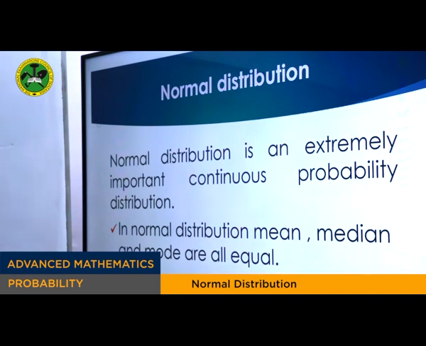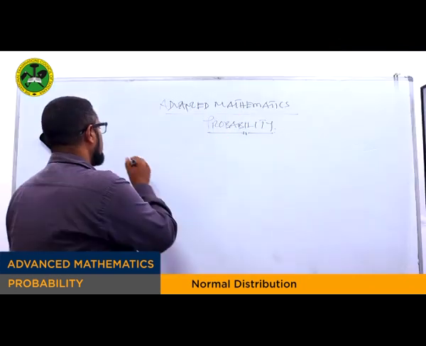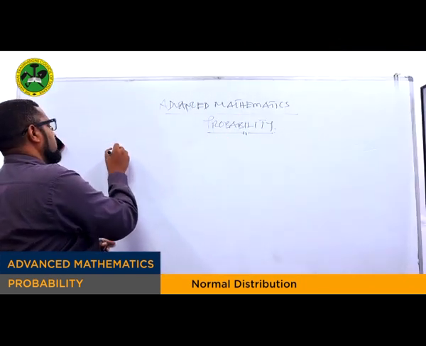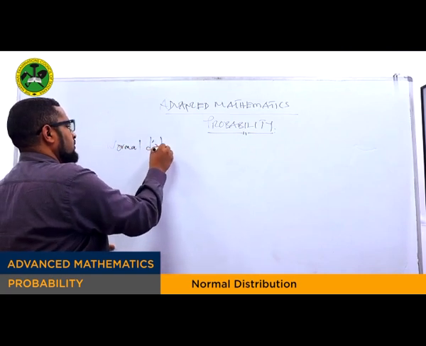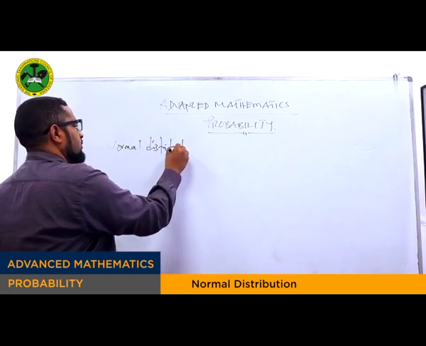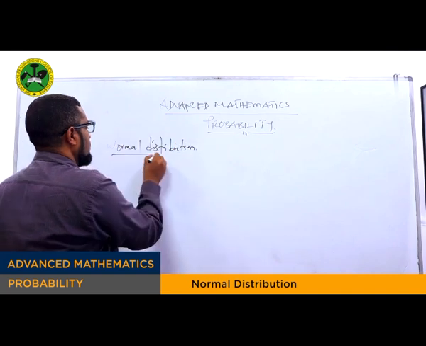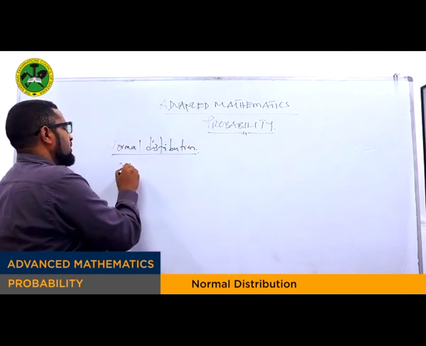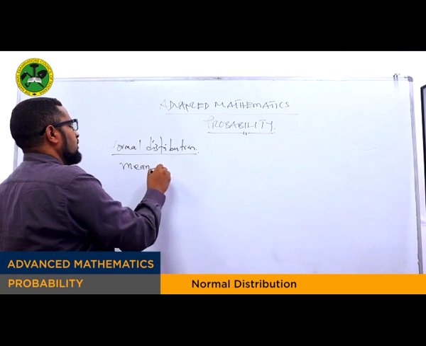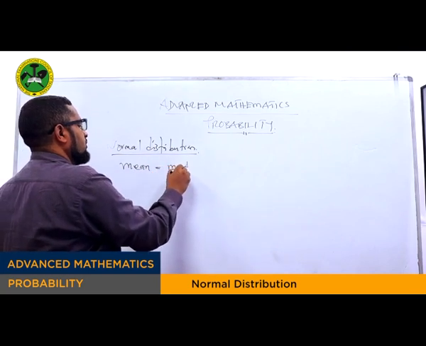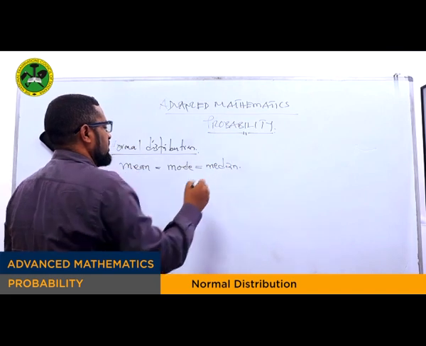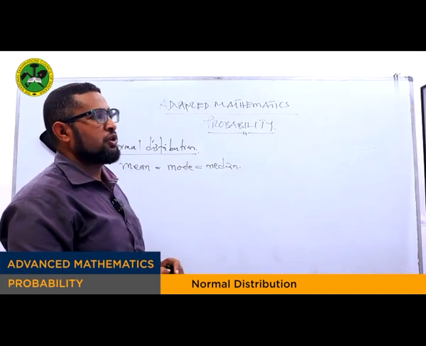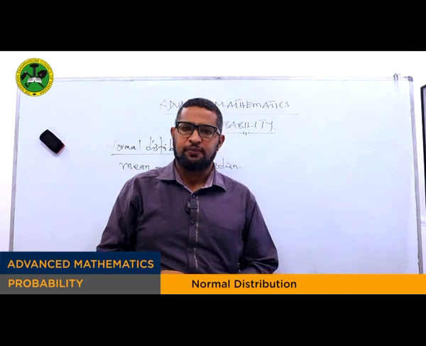That is, in normal distribution, mean equals mode equals median.